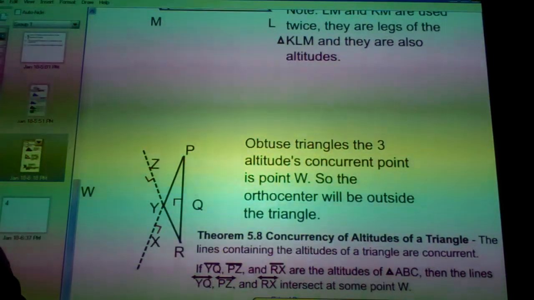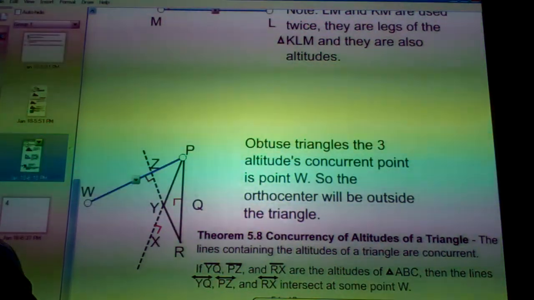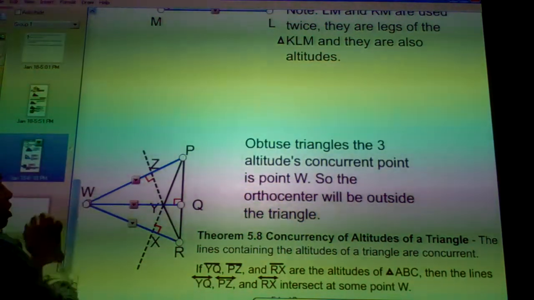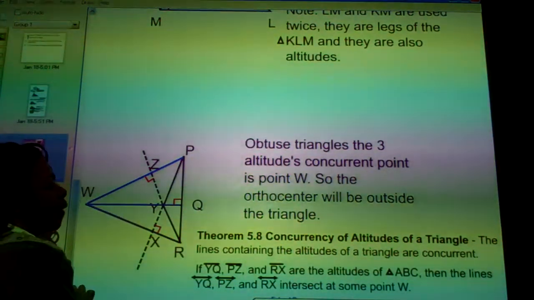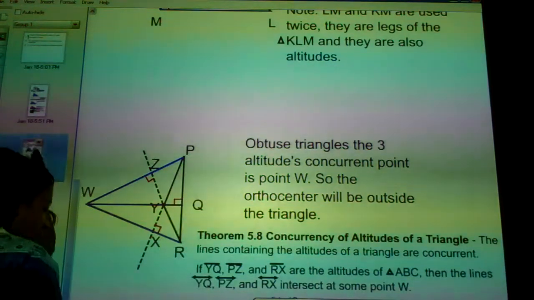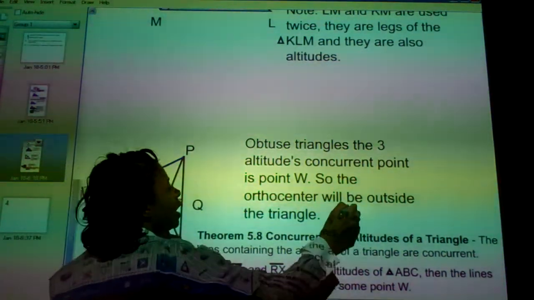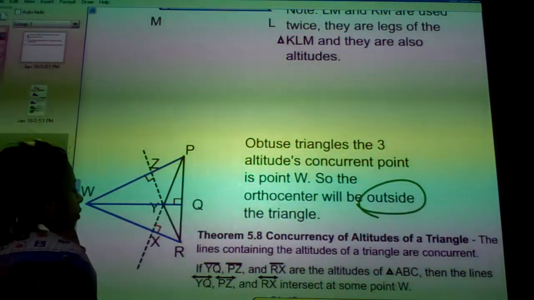And I'll put those points back in there. Okay, so the orthocenter is W. And on an obtuse triangle, the orthocenter will be outside the triangle.